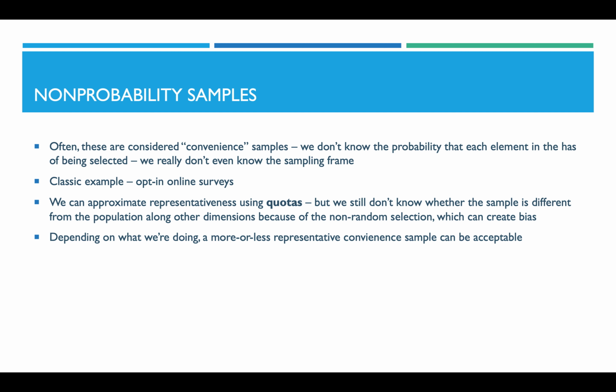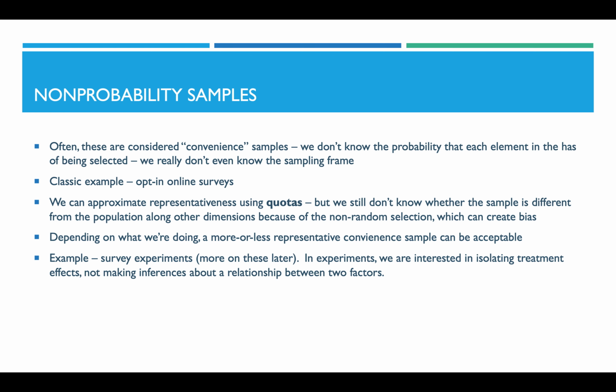But depending on what we're doing, a more or less representative sample, even if it's not a probability sample, can sometimes be acceptable. One example of when this might be okay is in conducting online survey experiments. We'll talk more about these later on in the semester, but this is an incredibly common tool in social science research right now, and it largely relies on these opt-in online surveys.